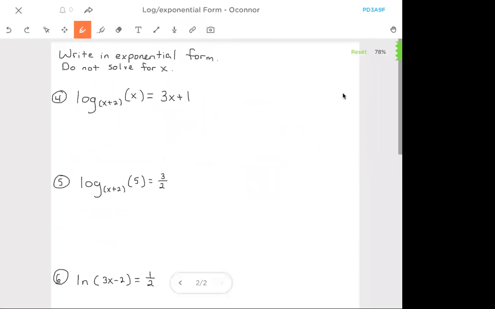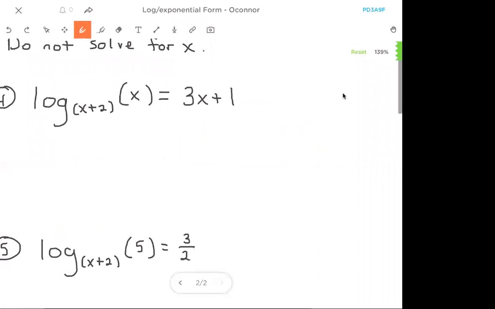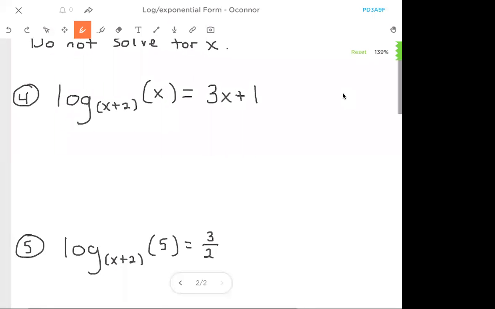All right, so for the next one, we're going to write in exponential form. So when we do that, that stays, that moves over, that moves up. So we get x equals x plus 2 to the 3x plus 1 power.